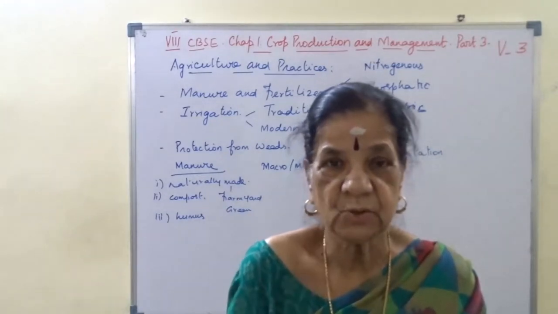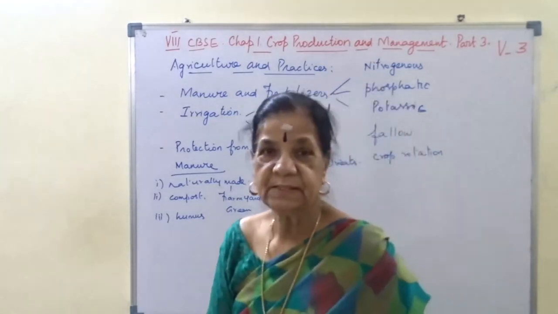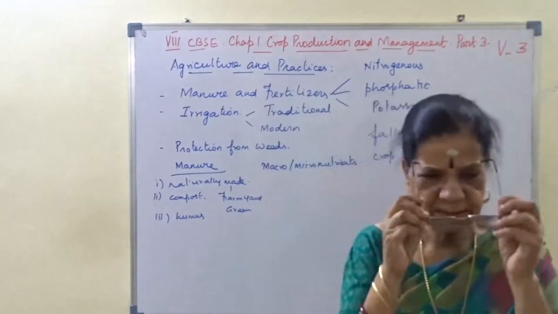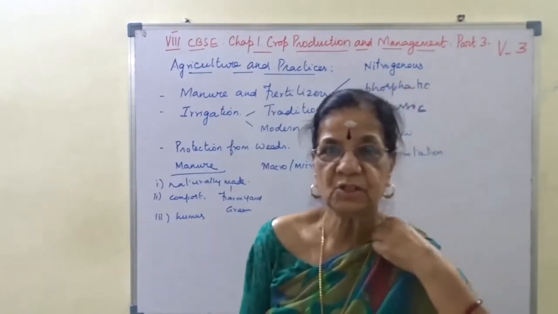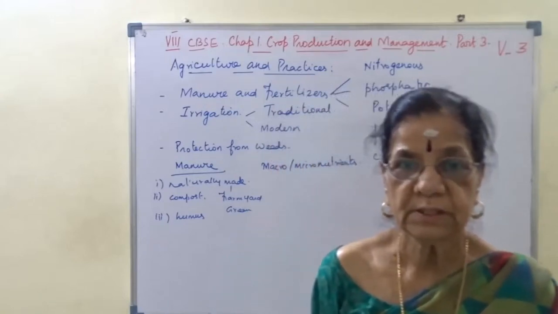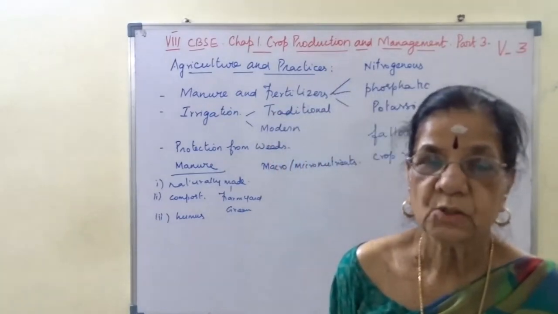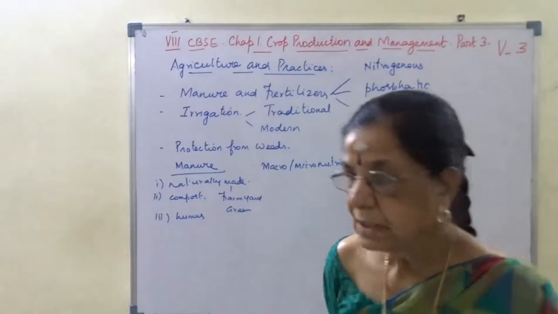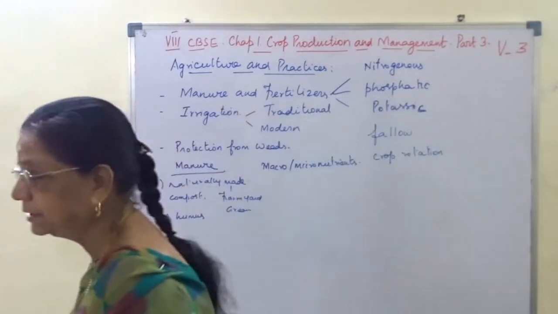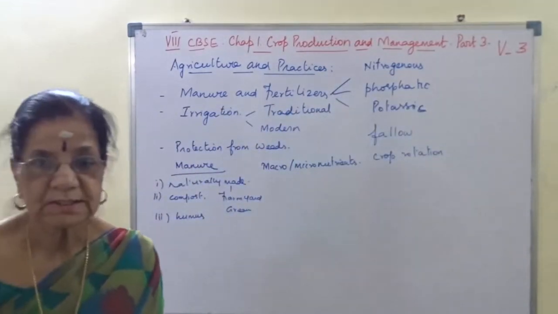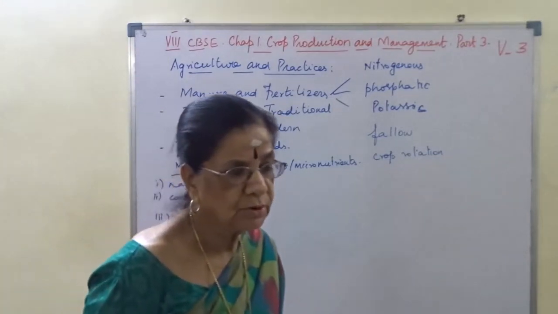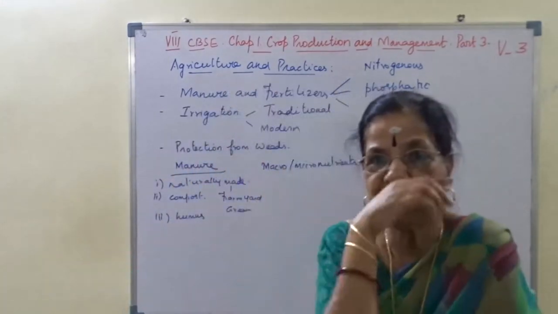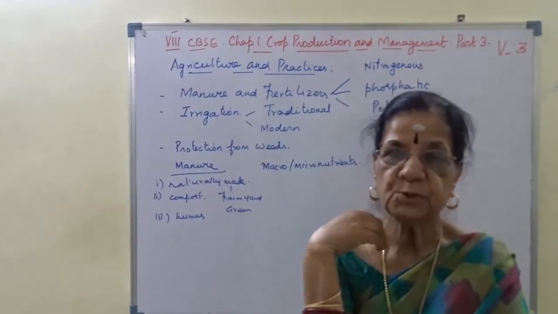The undesired, unwanted plants which grow along with the crop are called weeds. Okay, so the weeds have to be removed, because the crop that is grown will be supplied with the rich nutrients.